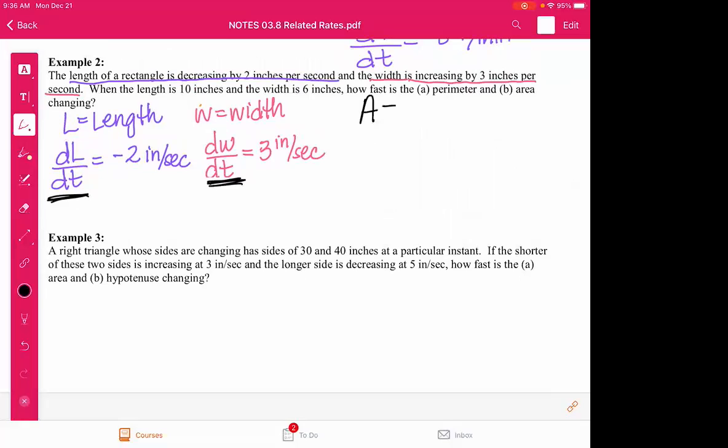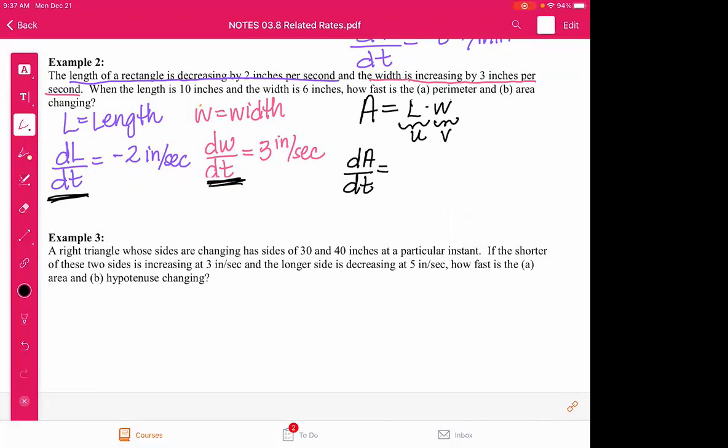So area of a rectangle is length times width. So now I want to take the derivative of the area formula. I need to do it implicitly. Now, you've got multiplication there, two totally different variables. So this is going to take product rule. So this is your U and this is your V. Okay, don't forget to do that implicitly. So dA/dt, remember how to take the derivative of a product.